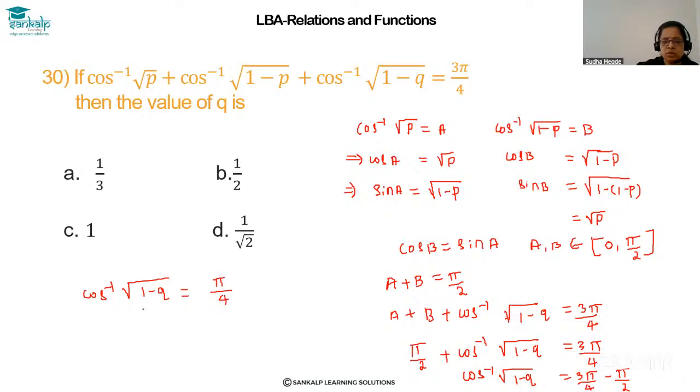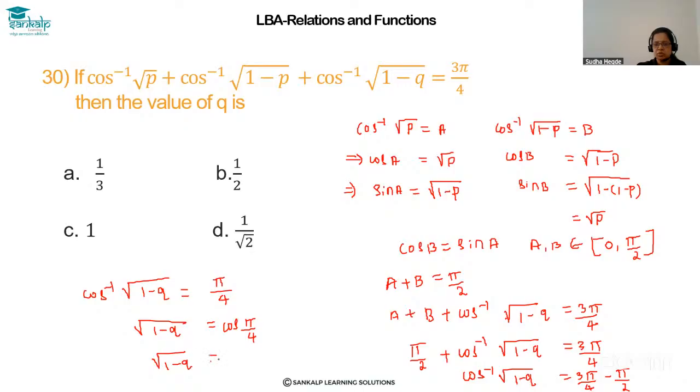Now move this cos inverse to the other side. It will become cos. So root 1 minus Q is equal to cos pi by 4. What is cos pi by 4? Cos pi by 4 is 1 by root 2.